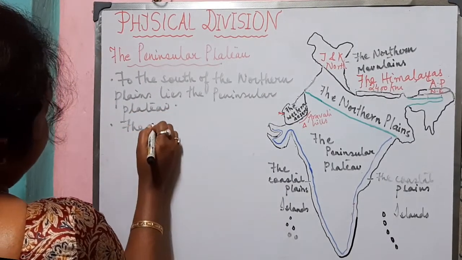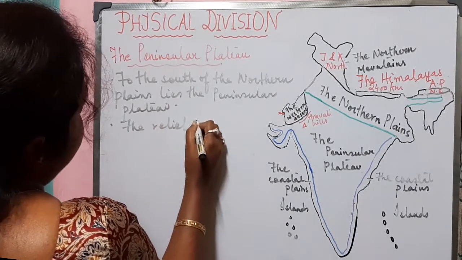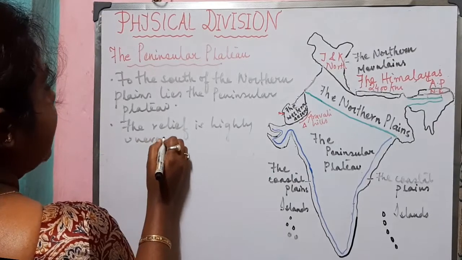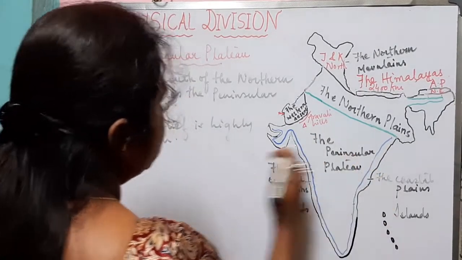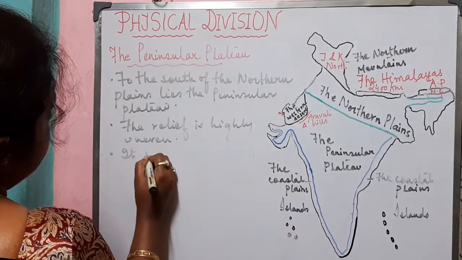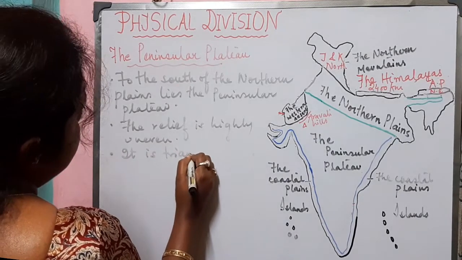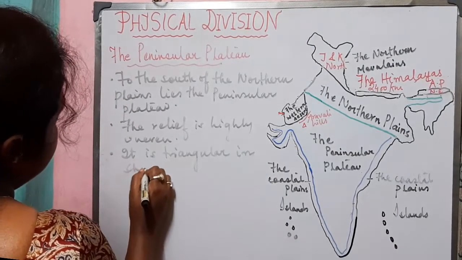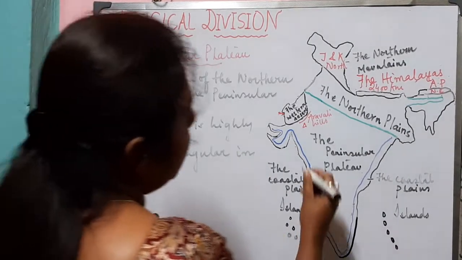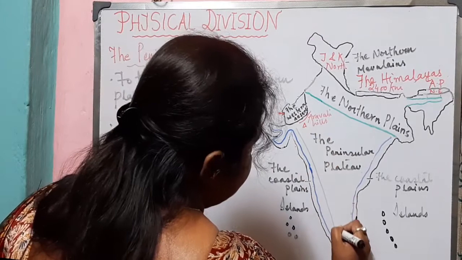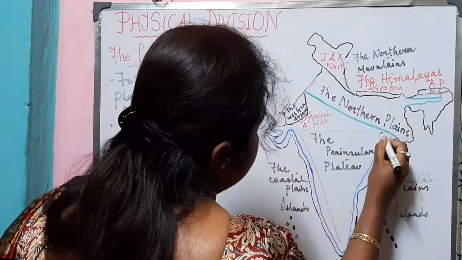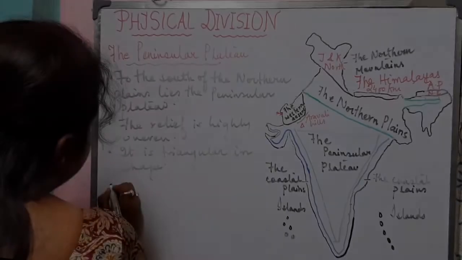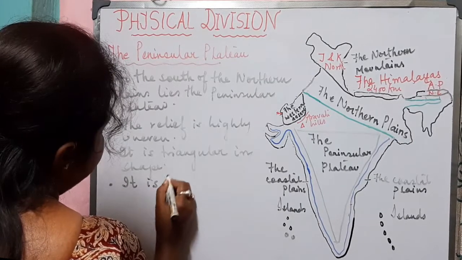The relief is highly uneven and it is triangular in shape. So the Peninsular Plateau is triangular in shape.